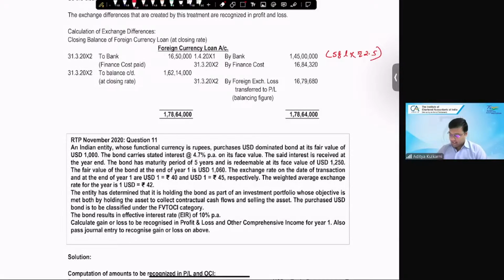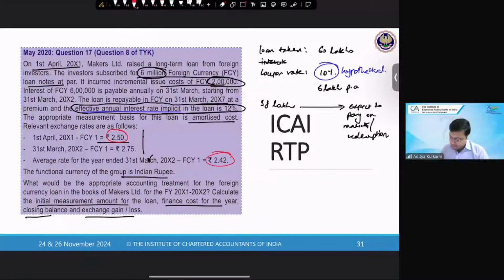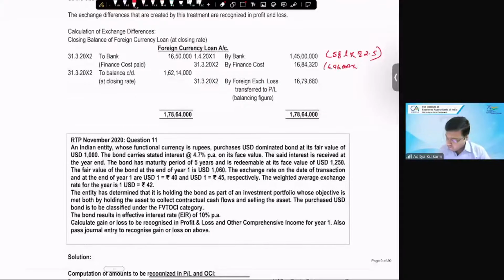Yes, sir. Then the finance cost I am incurring is 6,96,000 into my average rate, 2.42. Can you check? Yes, sir.